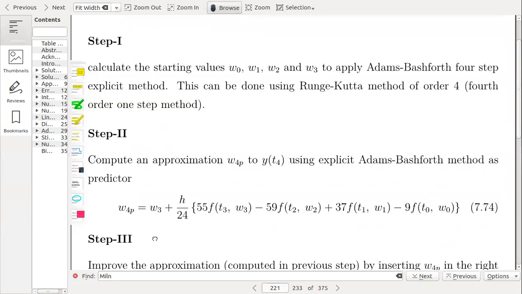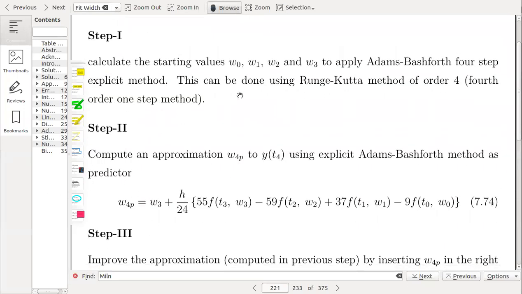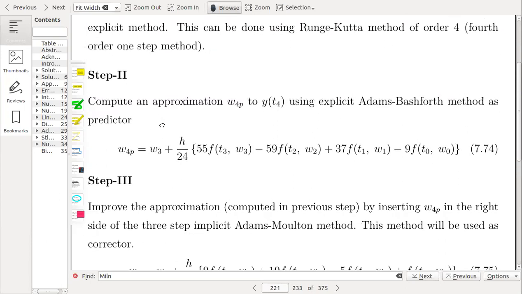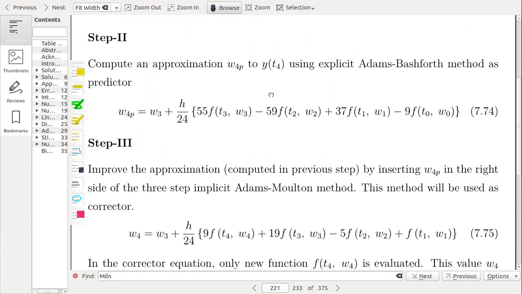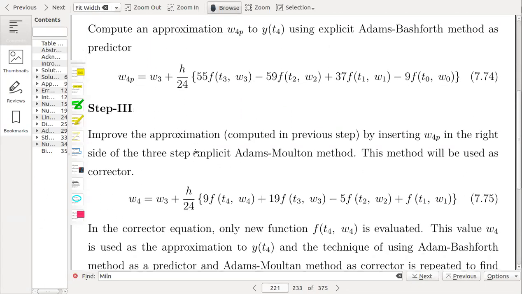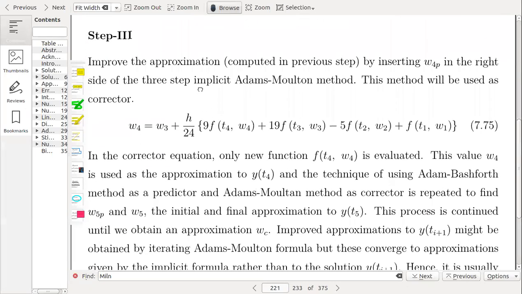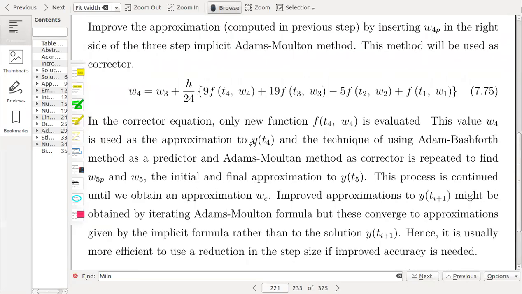So in the first step we get the initial 4 values, in the second step we compute the 5th value using the predictor method, and in step 3 we use the corrector method to improve the value calculated in step 2. In the corrector equation, only one new function is evaluated.